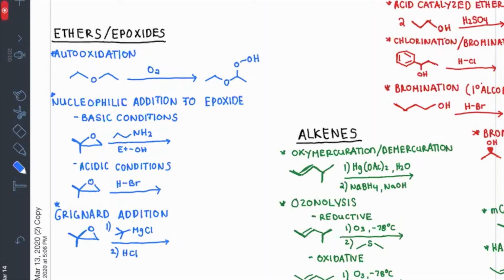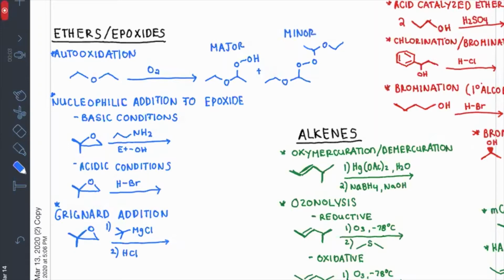In terms of what you get, this would be the major product. Remember, this is a radical mechanism, so I highly recommend that you review that. And then we get essentially a dimer as our second product, which is the minor product.